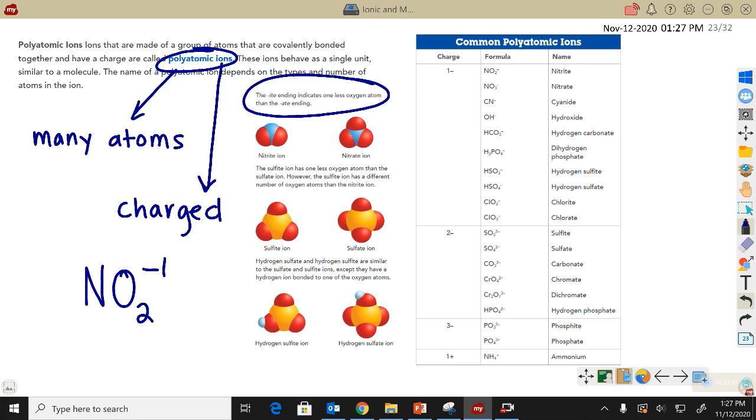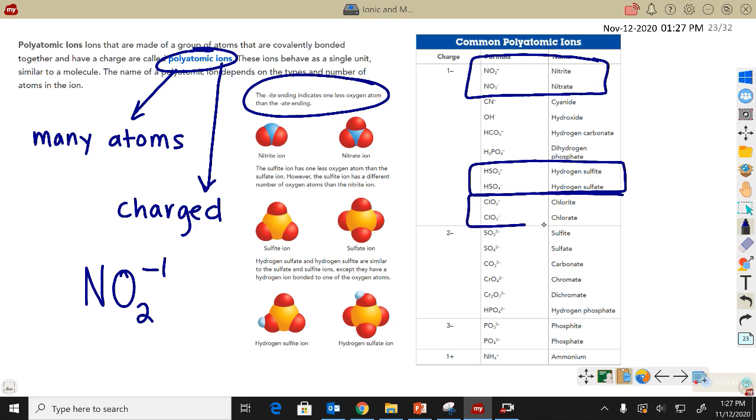So for example, nitrate and nitrite are at the top of this chart. Nitrate is the most common. It's NO3 -1. If you have 1 less oxygen, it goes nitrite. Now, if you ever see NO2, you can just look it up on this chart. You don't have to memorize them, but there is a little bit of a naming scheme here. And the same thing happens with like hydrogen sulfate and hydrogen sulfite, or chlorate and chlorite.